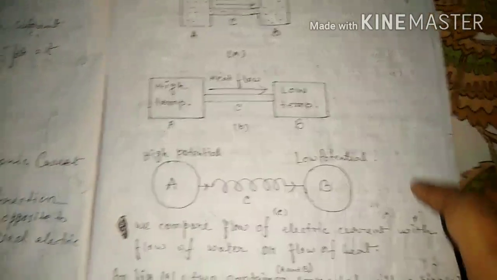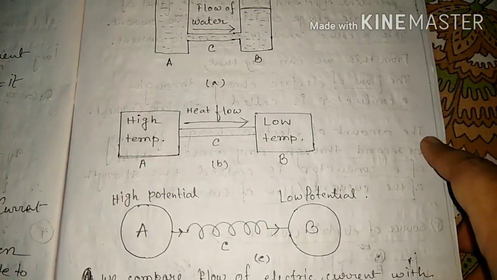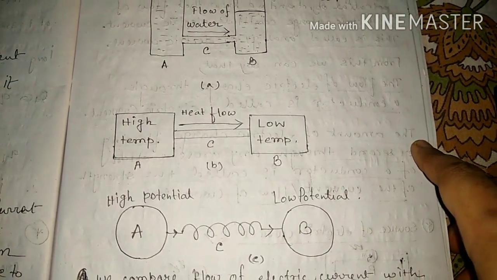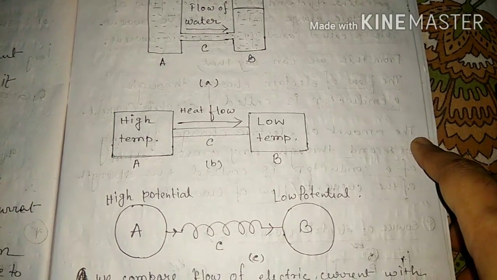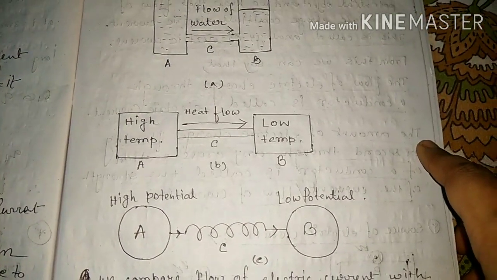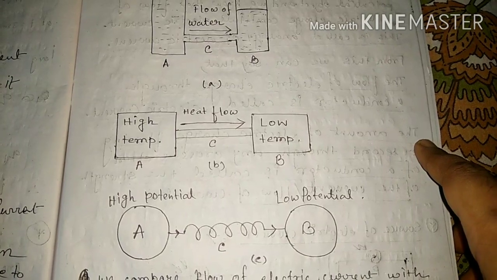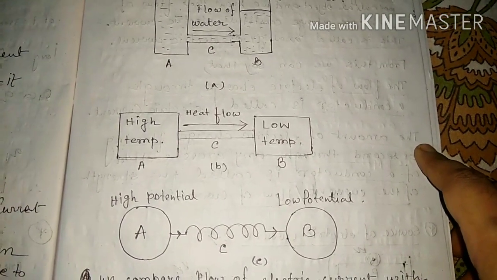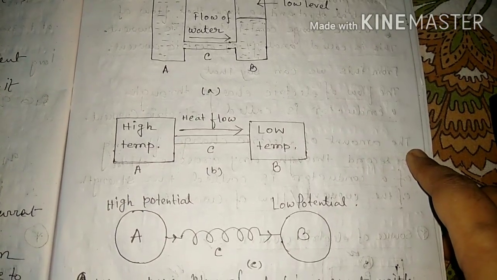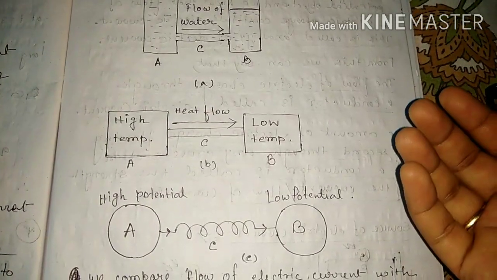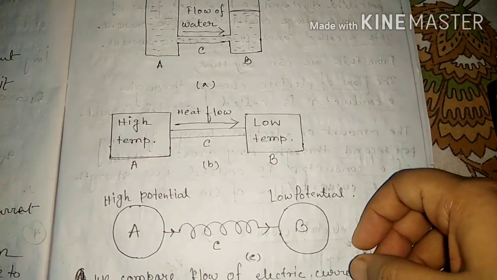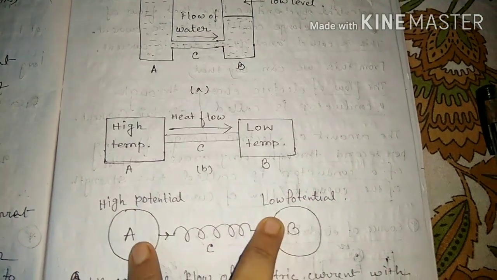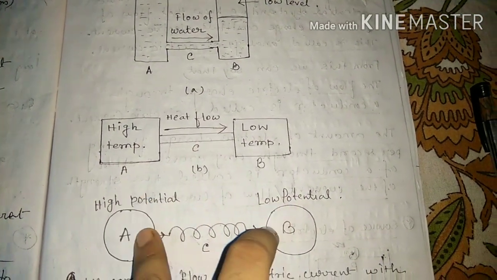Similarly, in figure C, we see two charged objects A and B connected by a conducting wire C. If we consider A a high potential object and B a low potential object, then a potential difference occurs between these two objects.